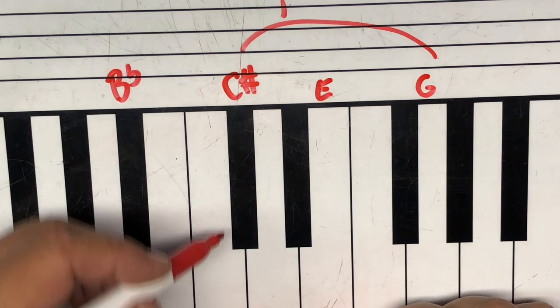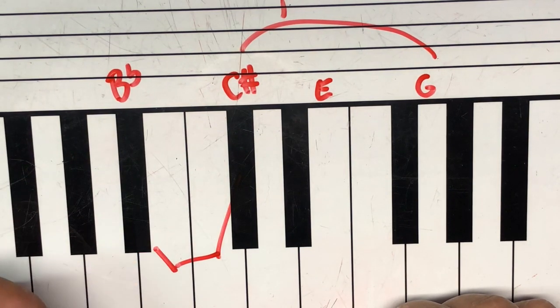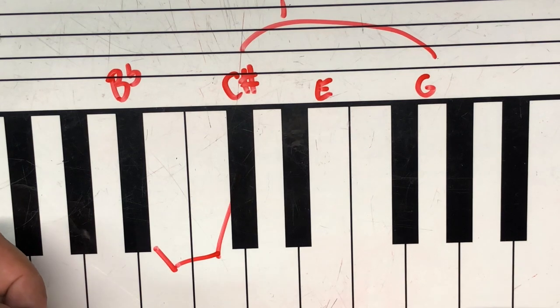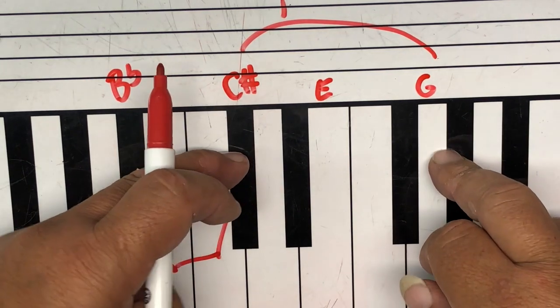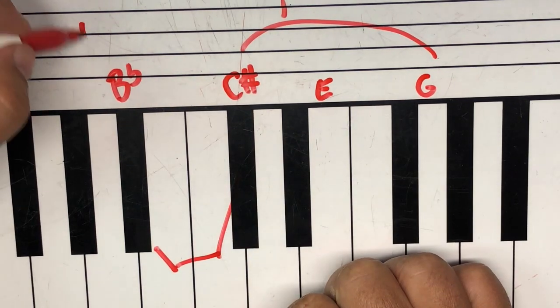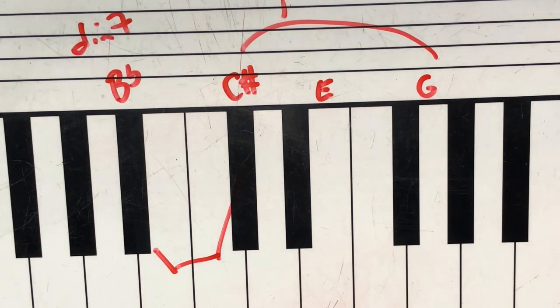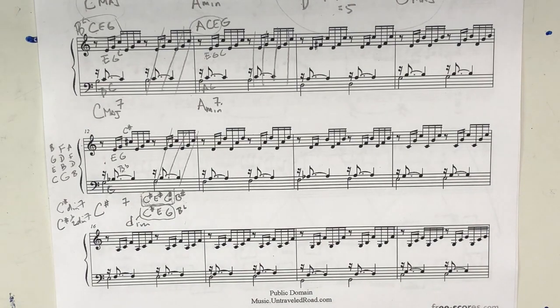So if I go from here, that's 1, 2, 3, 1.5 steps. I have a diminished triad and 3 half steps down, which is a diminished seventh, right? A diminished triad plus a diminished seventh is a diminished seventh chord, fully diminished seventh. So that's what I have here.